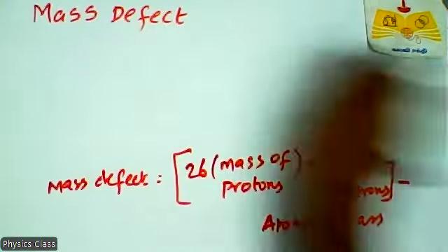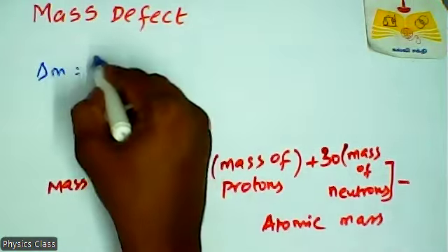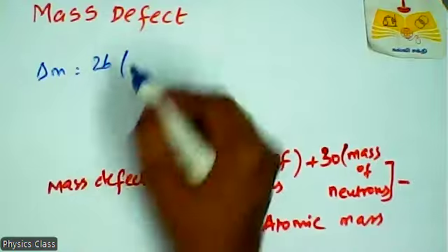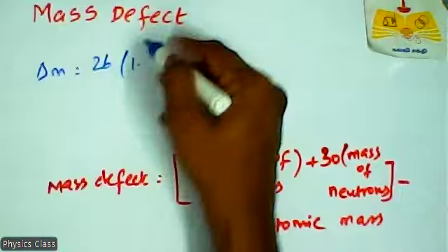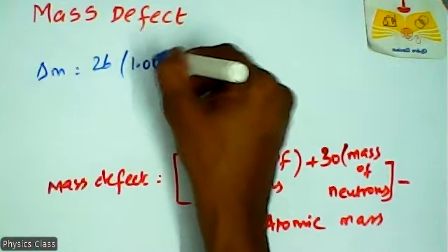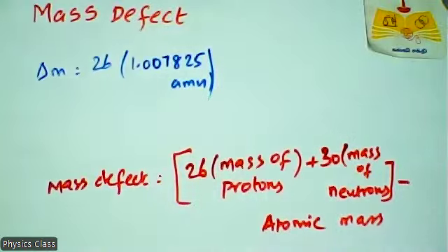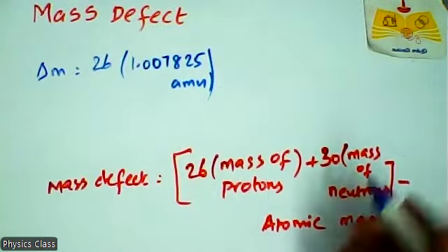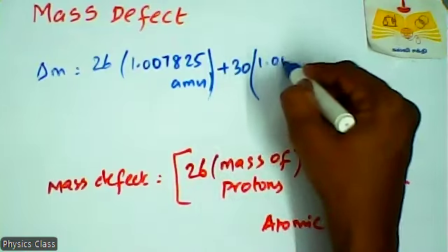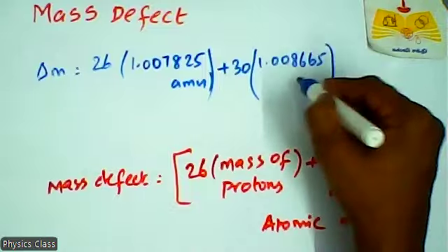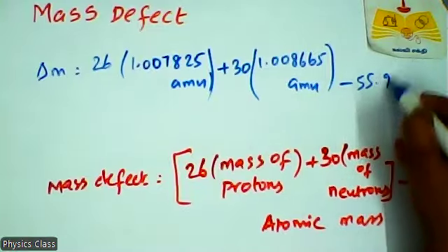You can see that the mass defect delta m is 26 times the mass of a proton, which is 1.00785 AMU, plus 30 times the mass of a neutron, 1.0086665 AMU, minus the atomic mass, which you already know, 55.9349.